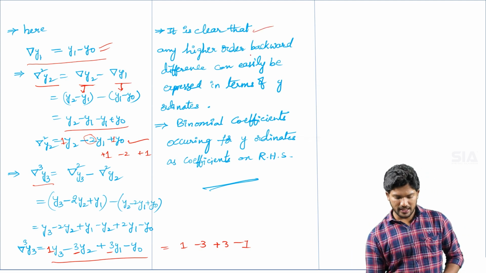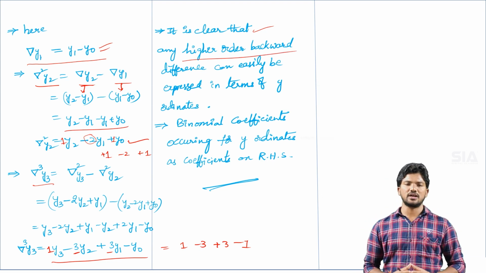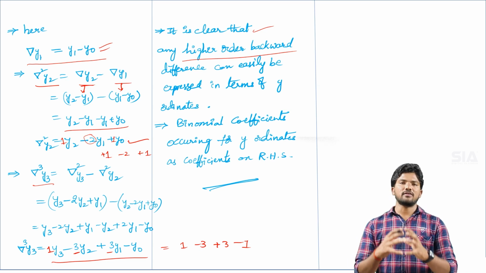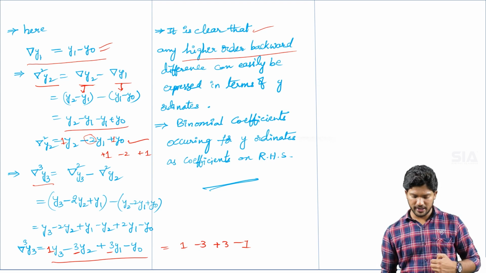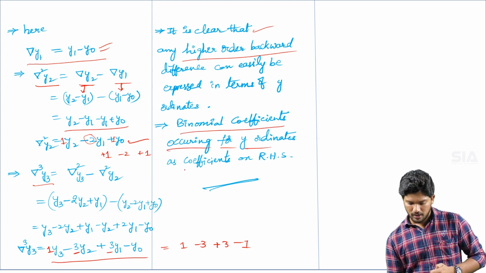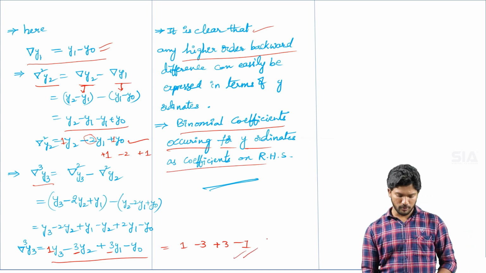So it is clear that any higher order backward difference can be easily expressed in terms of y ordinates, with binomial coefficients occurring as the coefficients of the y ordinates on the right hand side.